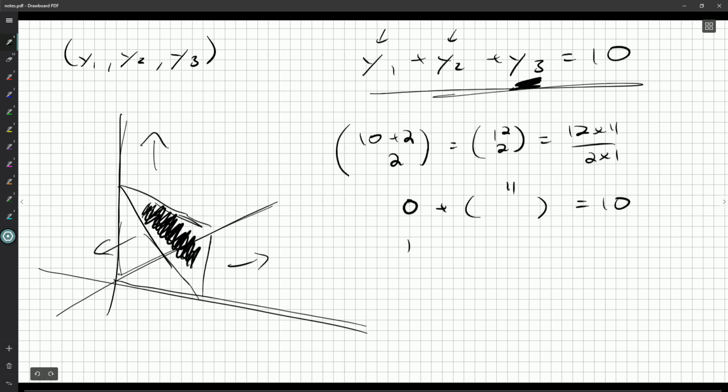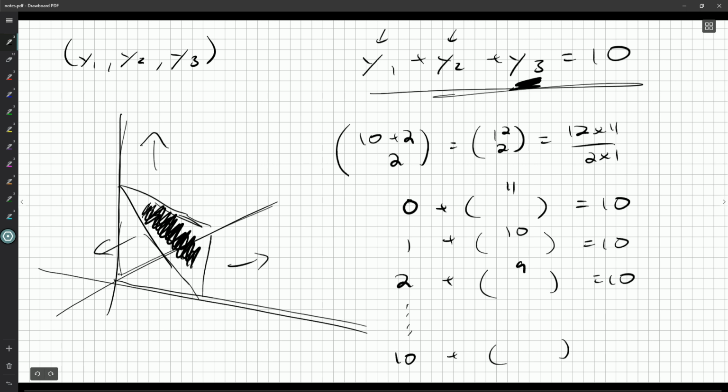If I pick y1 to be 1, the numbers still have to all add up to 10. The remaining numbers have to add up to 9, and by similar reasoning, there's 10 choices there. Okay? And then if y1 is 2, the other 2 numbers have to add up to 8. There's 9 ways to make that happen with non-negative integers. So you can see, what are we doing? Well, you'll get all the way down to 10.